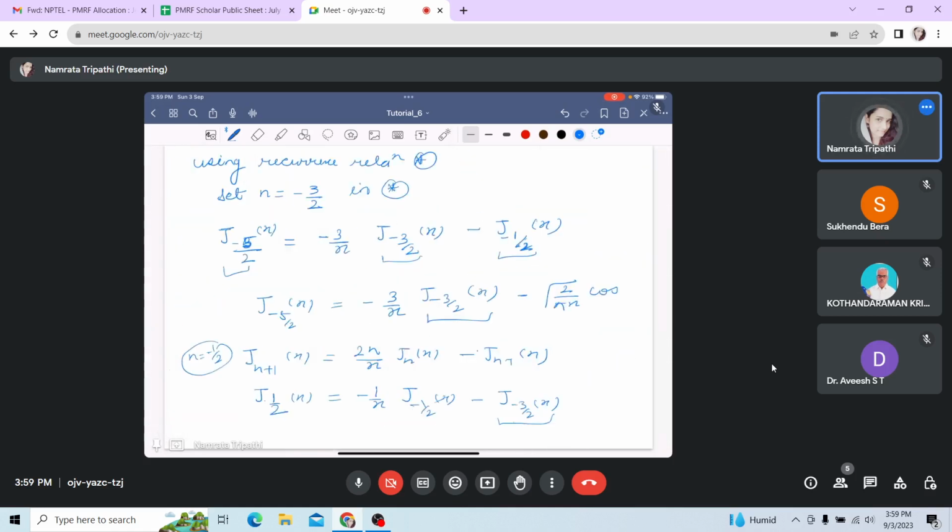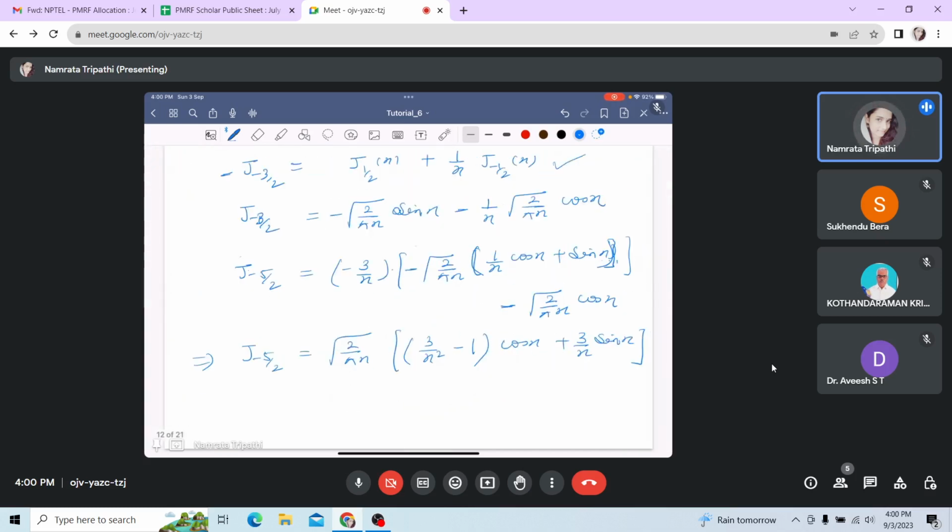You have to calculate z minus 3 by 2. So we'll substitute n equals minus 1 by 2 in this recurrence relation. So this expression you'll get, and after that you can easily find out the value of z minus 3 by 2 of x, because we know the value of z of 1 by 2 and z of minus 1 by 2.